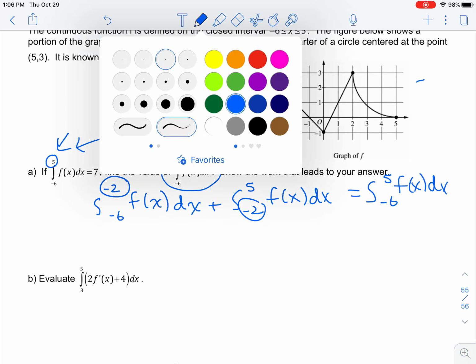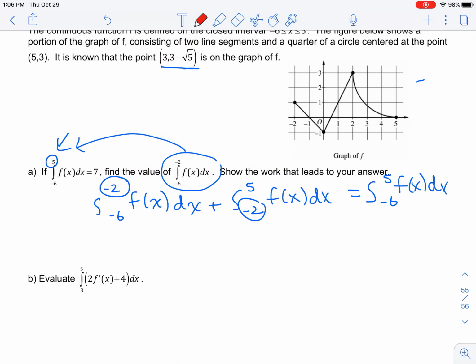And the idea is I have some of these pieces. -6 to -2 is what we're looking for. That we need to find. -2 to 5, we're going to go ahead and get from the graph, and I'll do that in a minute. And then this value here, -6 to 5, was given as 7. So let's go ahead and find this piece right here.